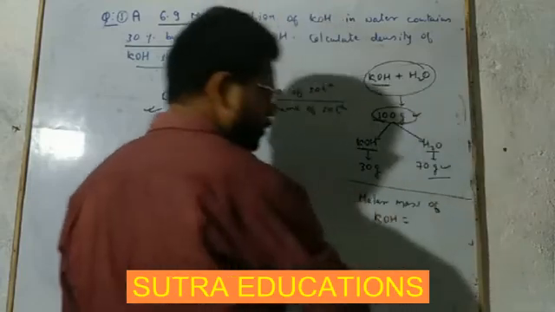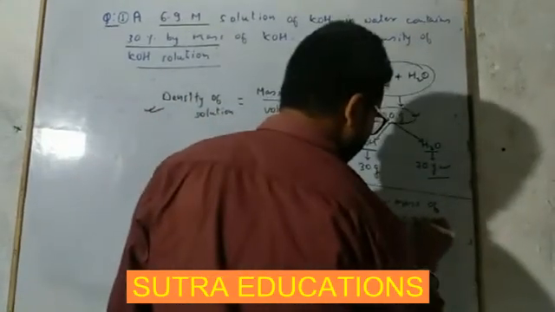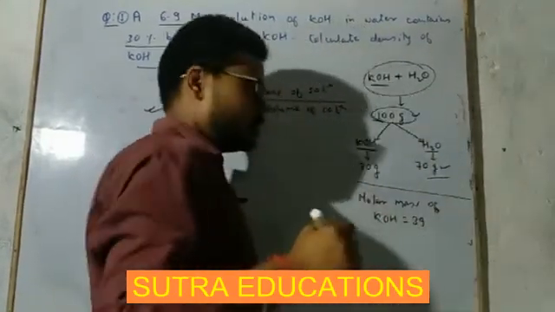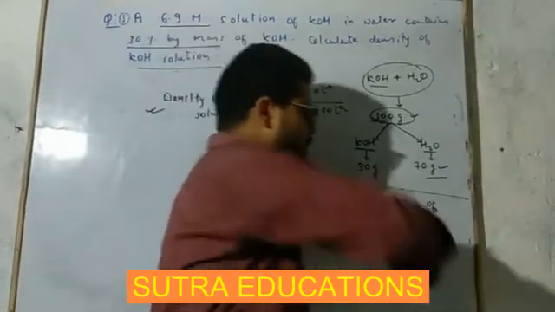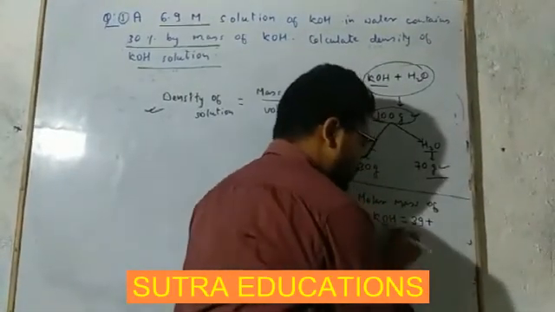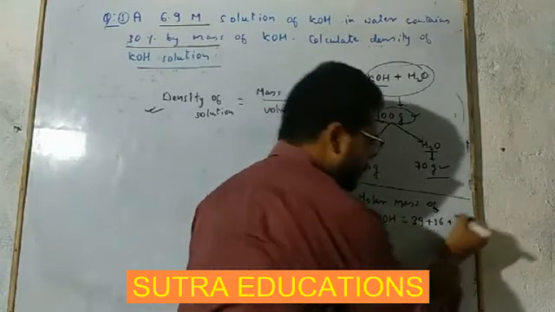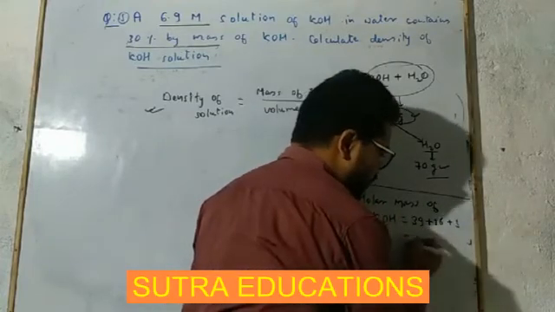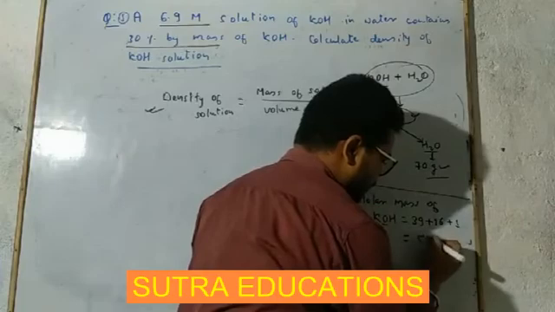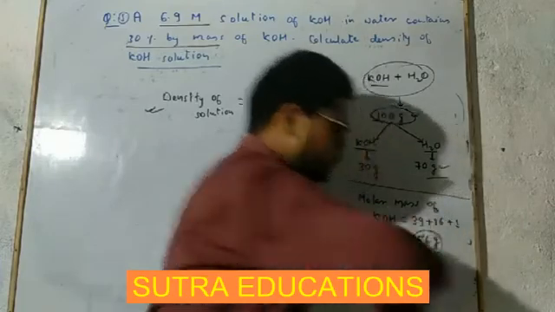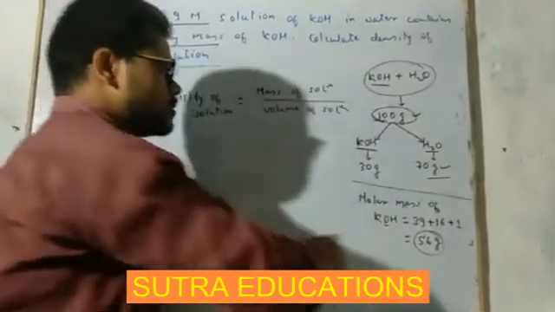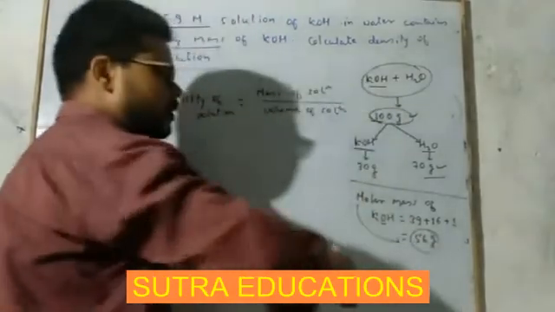Molar mass of KOH is equal to potassium, atomic mass 39, plus oxygen 16, plus hydrogen 1, so it is equal to 56 gram. So the molar mass of KOH is 56 gram.